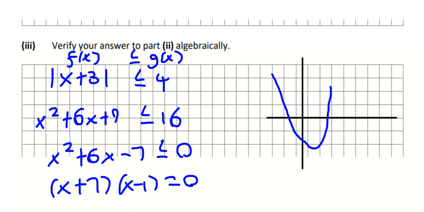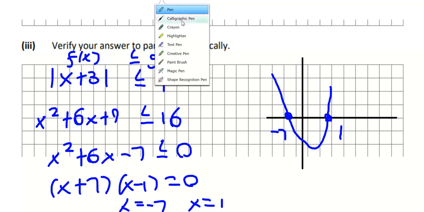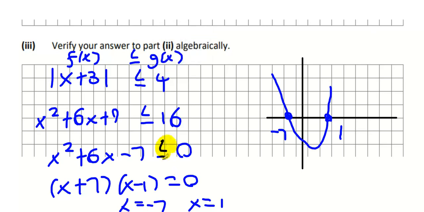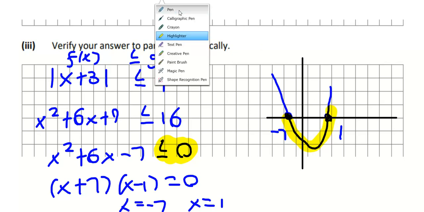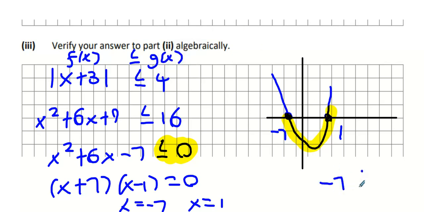And what you're going to get is x equals -7 and x equals 1. That's -7. That's 1 for argument's sake. And what are we looking for? Below. So what does that mean? In between -7 and 1.